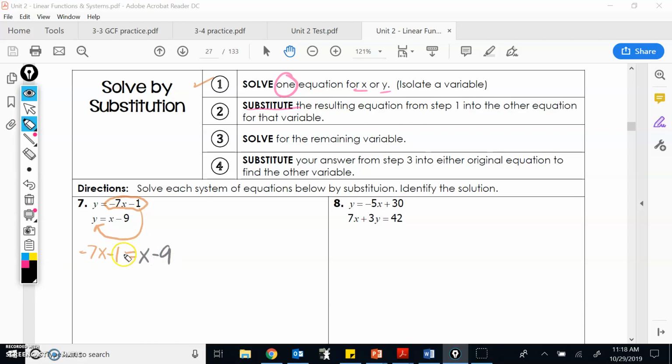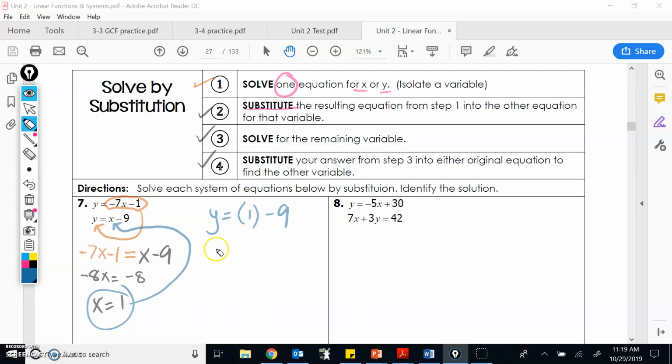Now I just solve for x. -8x equals -8. So x is going to equal +1. So we substituted and then we solved. The last step is to substitute to get the y value now. I'm going to plug x equals 1 into the second equation because it looks a little easier.